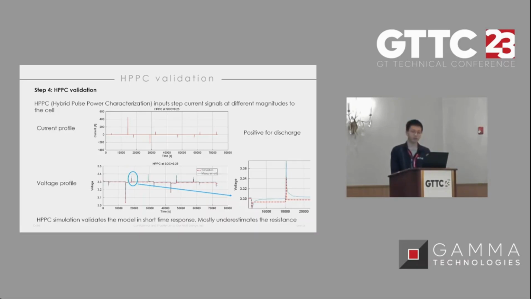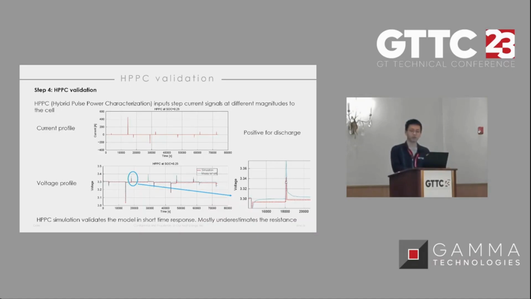I would say that in general it was fine, although we do see some discrepancy, especially in these peaks, where the model seemed to underestimate the resistance, and we see a voltage difference as large as 100 millivolts.